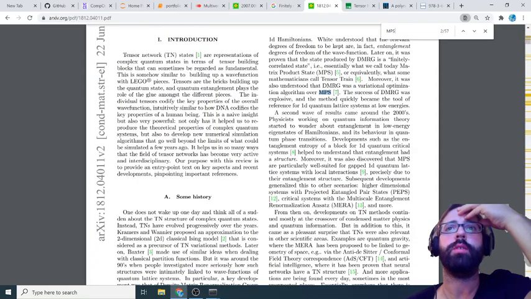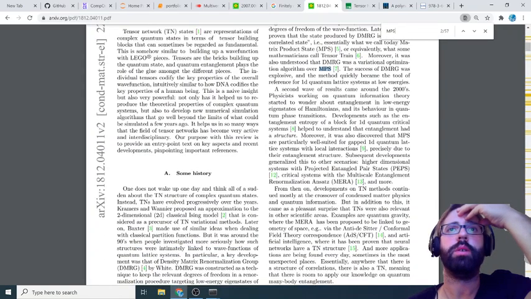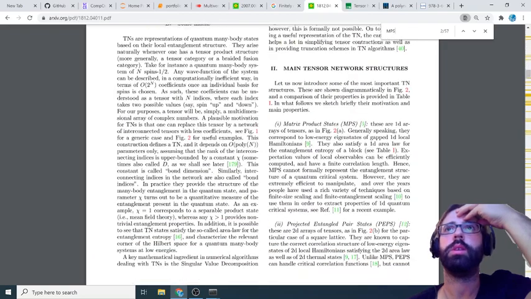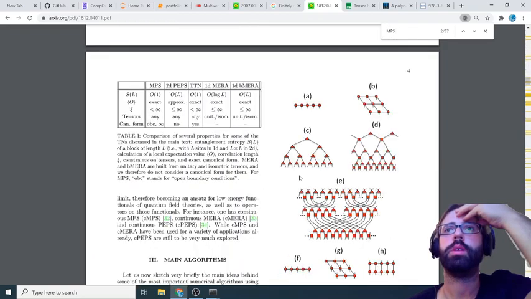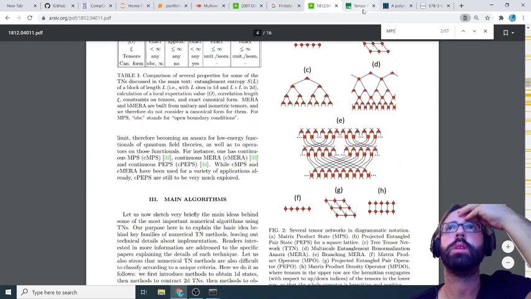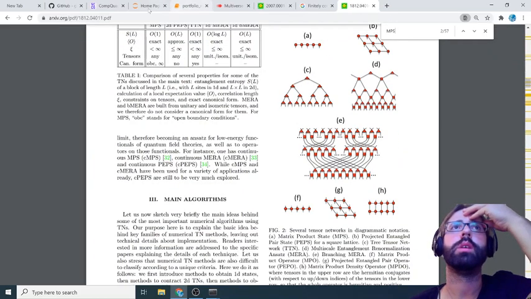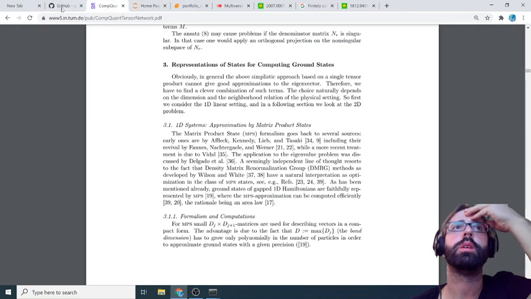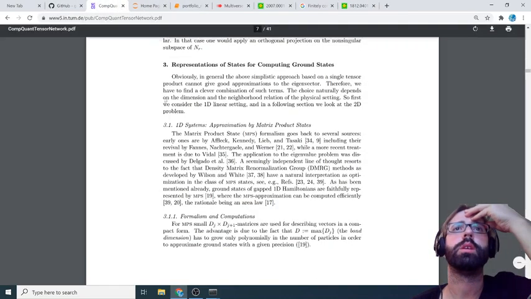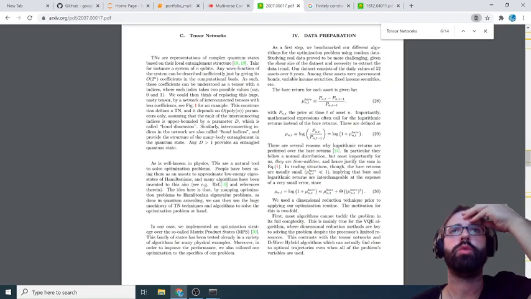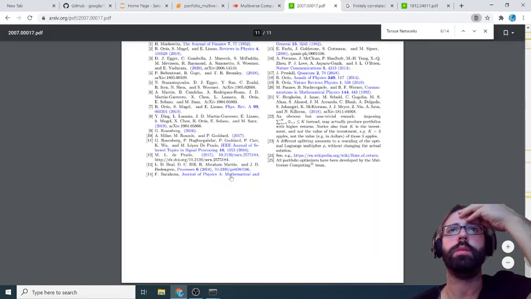And I gotta find these here somehow. So I'm gonna have to dig into these. Is this reference 19? Too many things open. Reference 19.